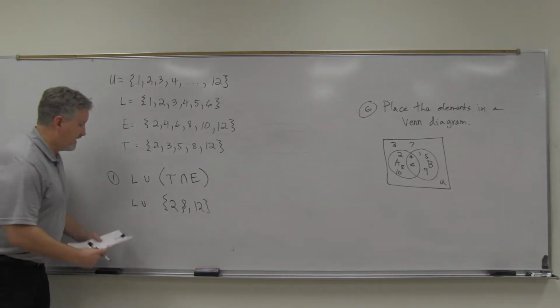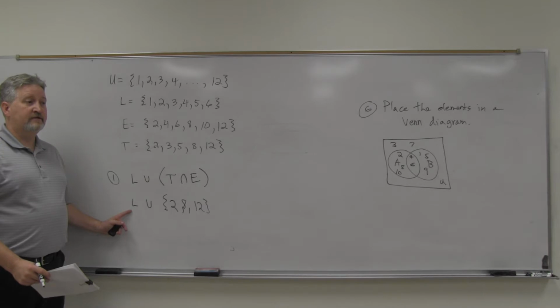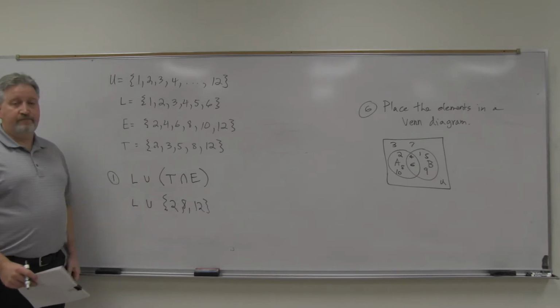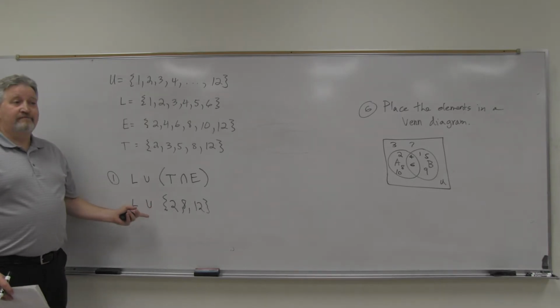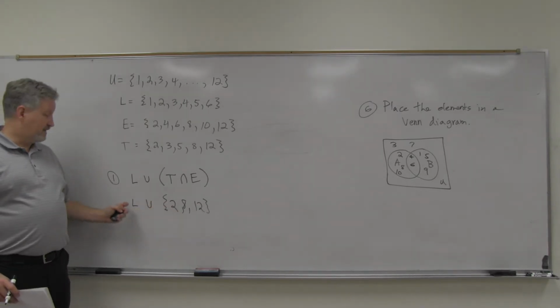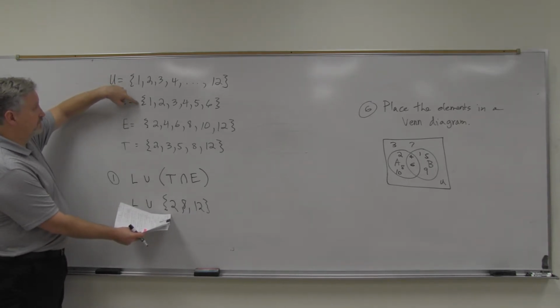Now, I take that result and union it with L. So, like I said, I kind of made it easy this first one here, but what is union? Everything in both put together. So everything in L combined with everything in this 2, 8, 12. So what have I got?